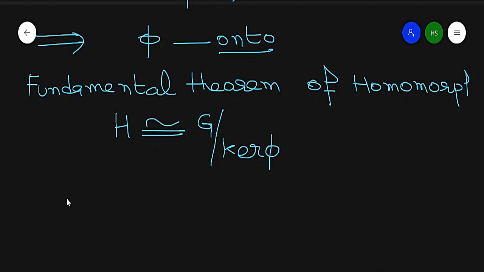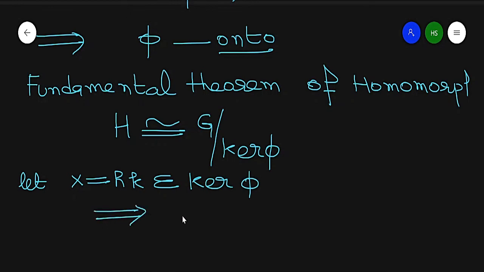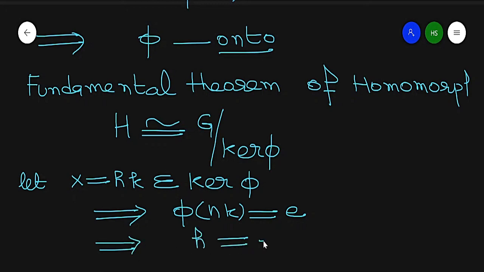Now to prove this, let x, which is equal to hk, belong to kernel of phi. So by definition of kernel of phi, its image phi of hk is equal to identity. So what does it mean?